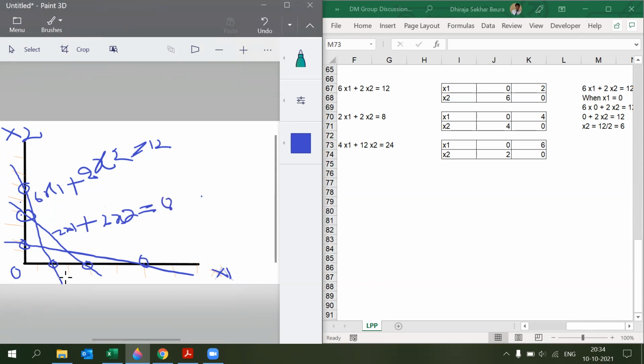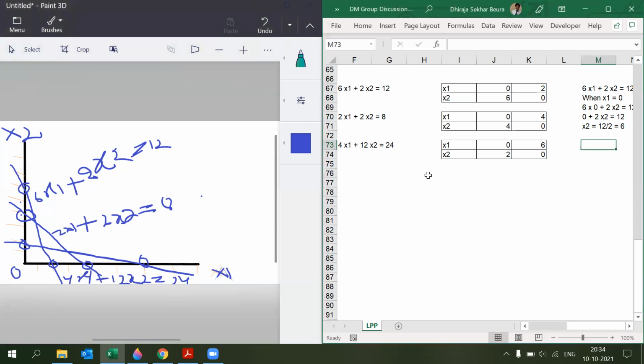Last one is this one. I'll write down here 4x1 plus 12x2 is equal to 24. Okay, now that we have done that, the next step would be, can somebody tell me what is the next step quickly?